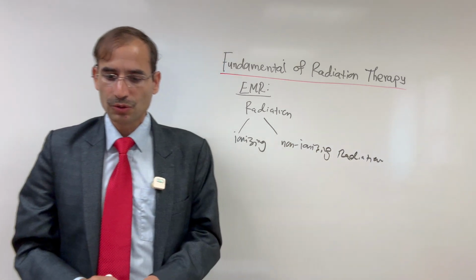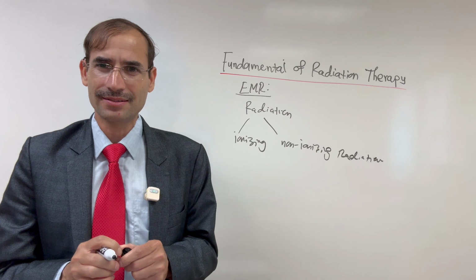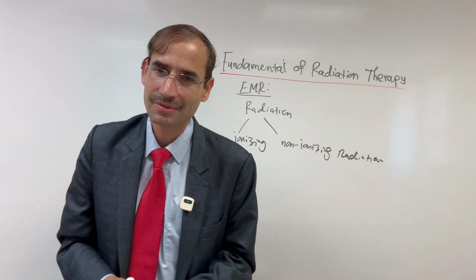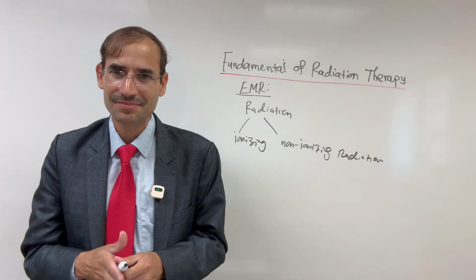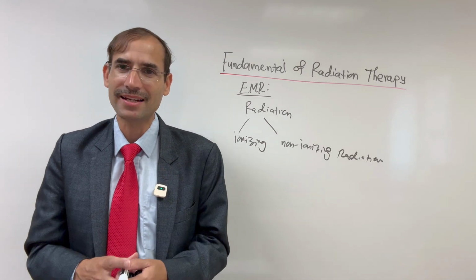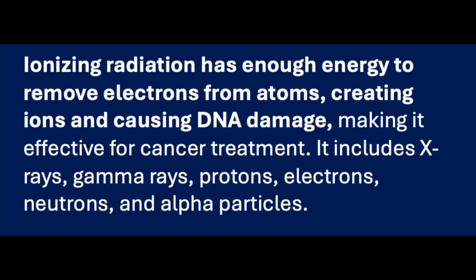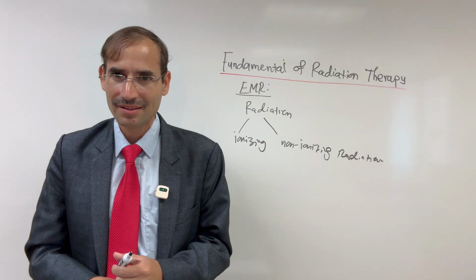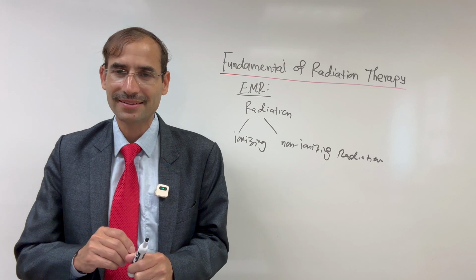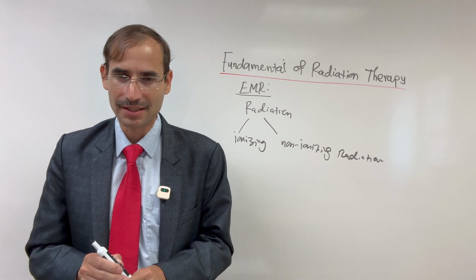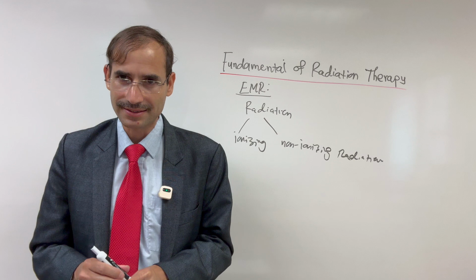Ionizing radiation means that when the radiation, particles or waves hit a material, they have sufficient energy to knock out electrons from the atoms of that matter and create ions. Any radiation, wave or particle that can knock out the electrons of a material is called ionizing radiation.